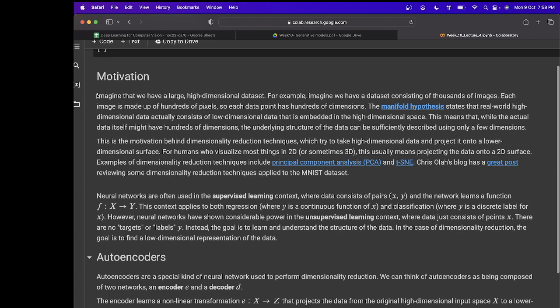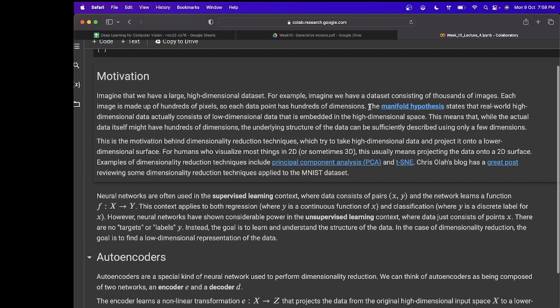Like I said when I started the lecture video, images are very large, high dimensional data, and this data set consists of thousands or even millions of images nowadays. Each image is made up of hundreds of pixels, and in real life it's much more than that. So each data point has many dimensions, right?